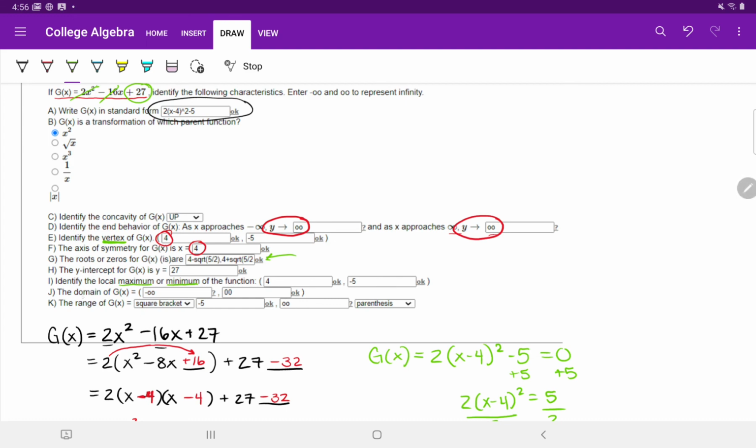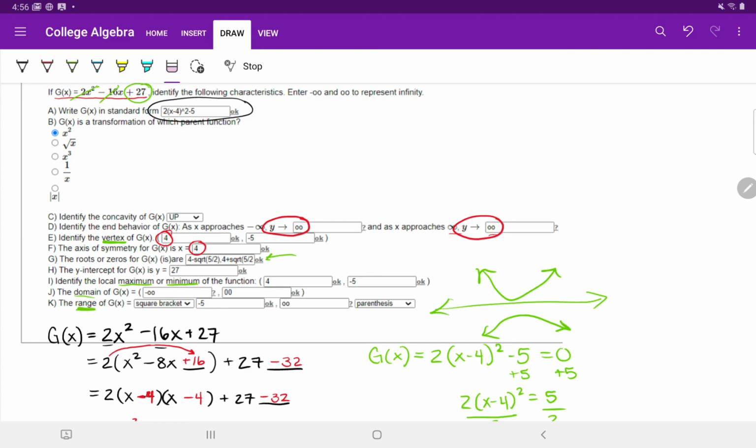The domain of any parabola is always -∞ to infinity. That's because parabolas always go all the way left and all the way right forever. So it includes every single x value in both directions. The range, however, is trickier.